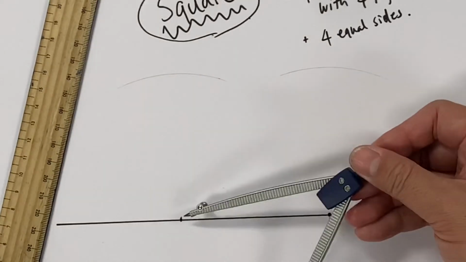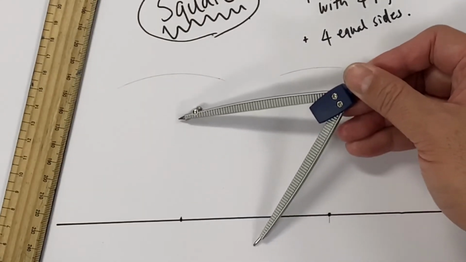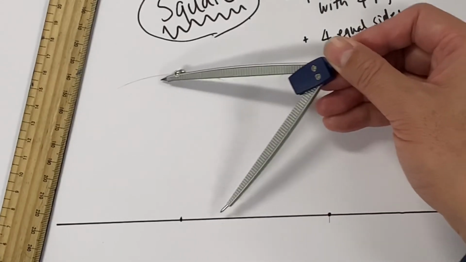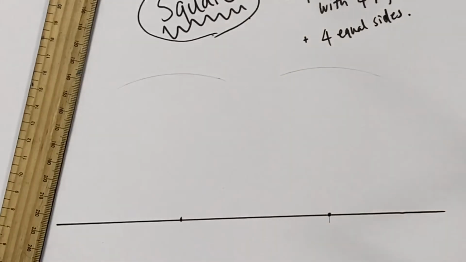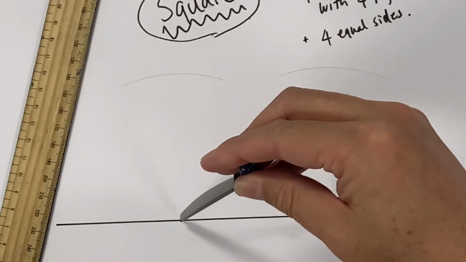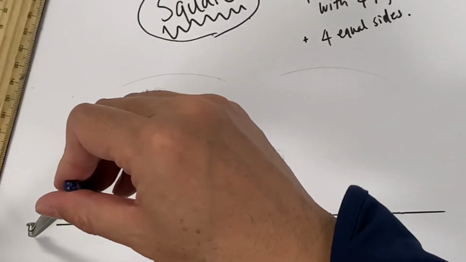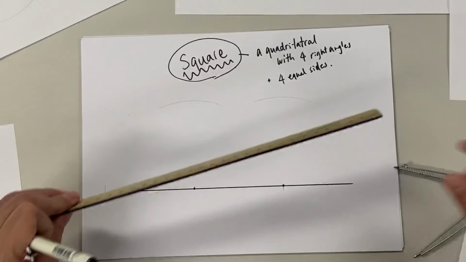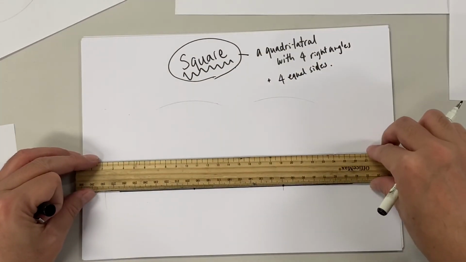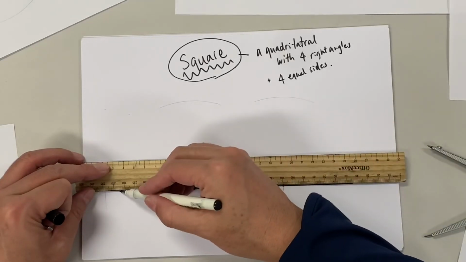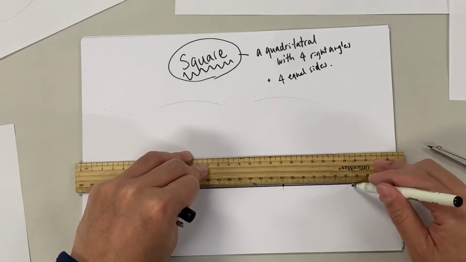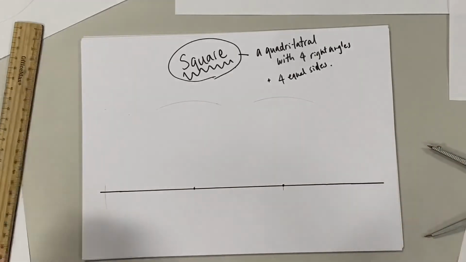However, if I draw a perpendicular line from here up there, where the line hits this arc, that is the corner, right? So I'm going to draw a line. I need to extend this line. If your line's long enough, you don't have to. But I may need to extend this line too, on this side as well.